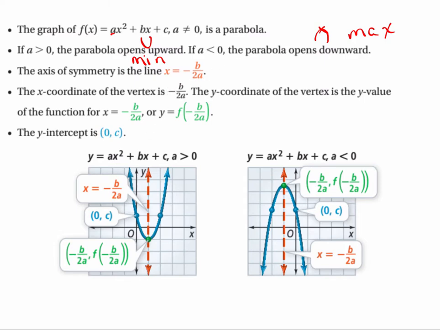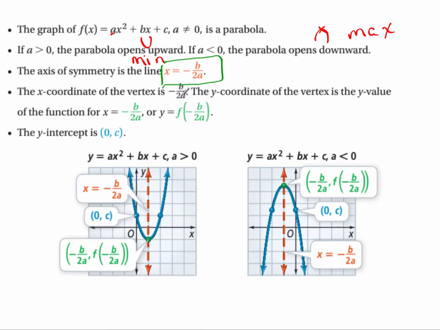Now, this is a little bit new. The axis of symmetry is equal to the formula x is equal to minus b over 2a. I'm going to derive this for you, but you do need to know it. You don't have to derive it, but you're going to have to know it. The x-coordinate of the vertex is the same as the axis of symmetry, the x value.